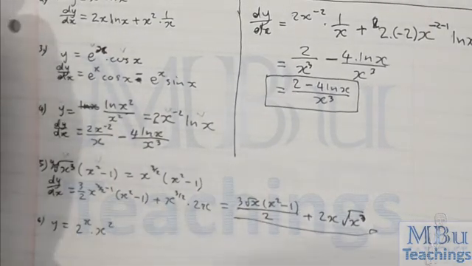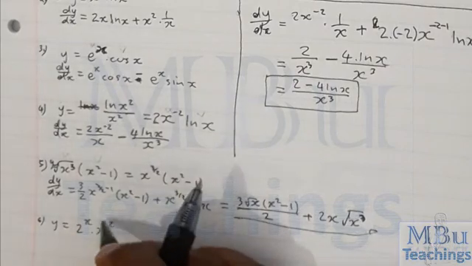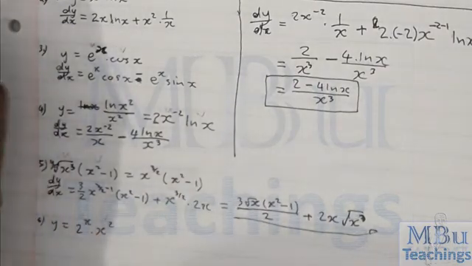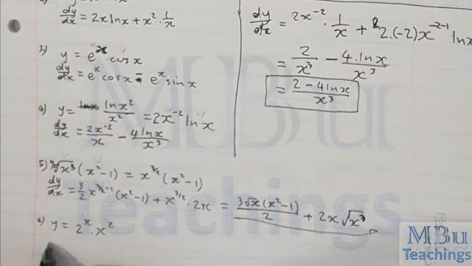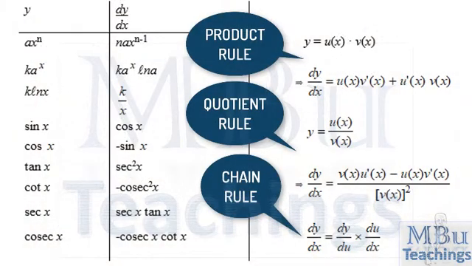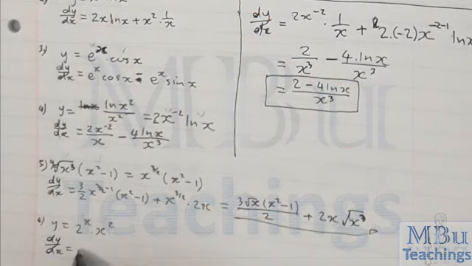Again, we are using product rule. That means this is my u and this is my v. So how can I derive dy over dx? Let's look to the formula sheet. What is the derivative of this one? It will be 2 raised by x ln 2.